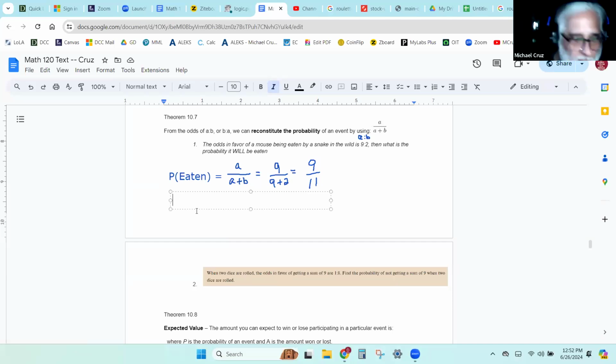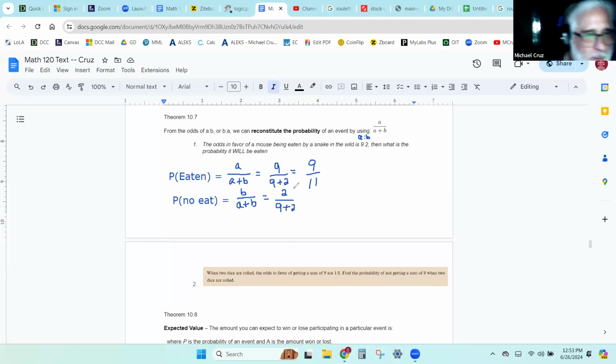And then the probability of not being eaten would be B over A plus B. So B was 2. So that's the only thing that's going to change. We keep the same denominator because it's still 9 plus 2. No matter which way, you could even write 2 plus 9 if you wanted to. But since addition is commutative, the order doesn't matter.